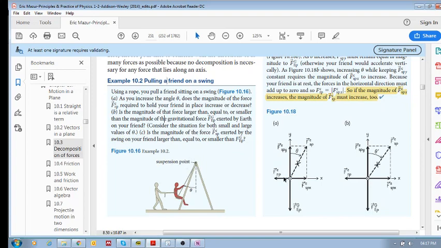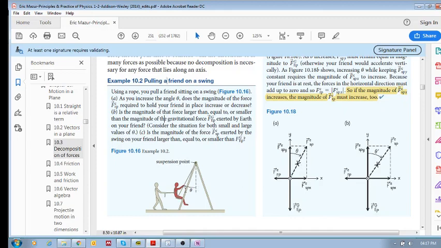So in actual fact, you've only got these three forces. This is the force of the rope on the person, this is the force of earth on the person, and this is the force of the swing on the person, or suspension point. I'm not sure exactly what it is, but it's the force of that cable. Very good.